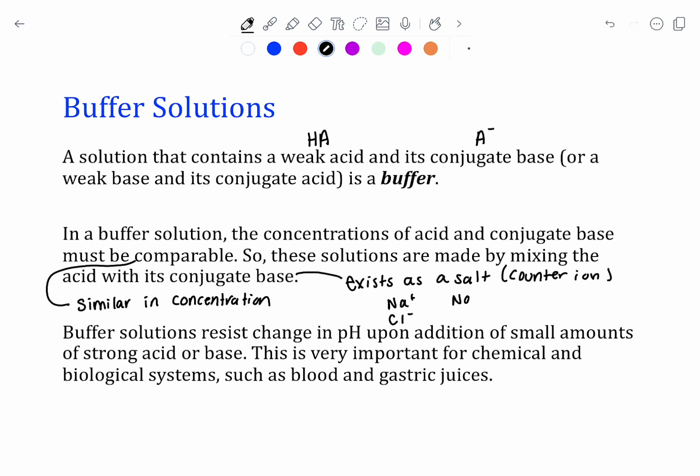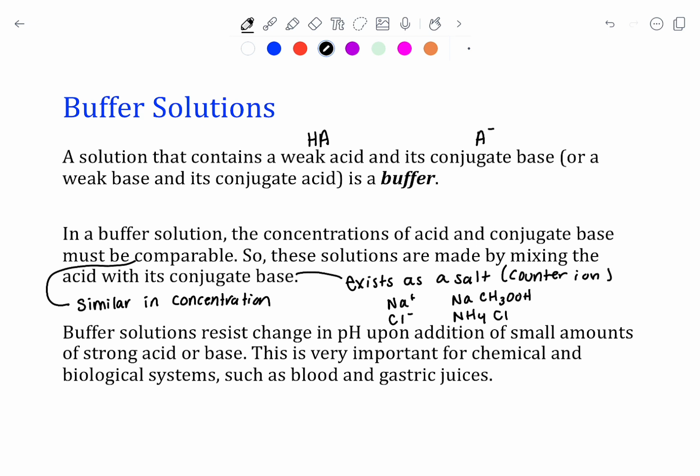We had Na CH3COO, so that was sodium acetate. We also saw NH4Cl. Okay, so these are ionic compounds. We know these are ionic compounds because they're a metal and a nonmetal, or a metal and a polyatomic ion.